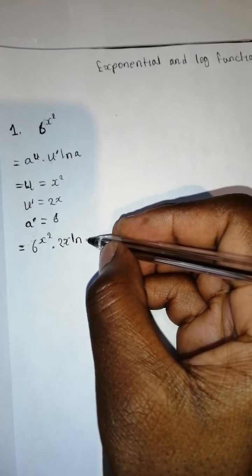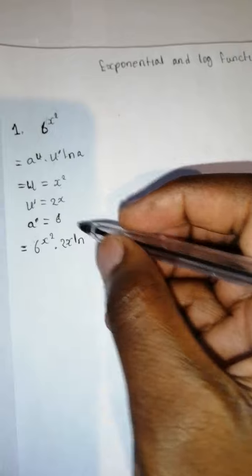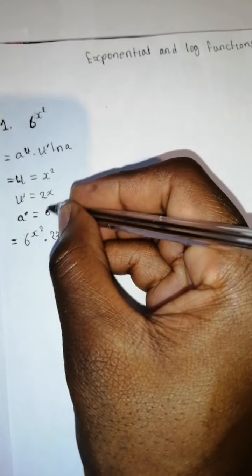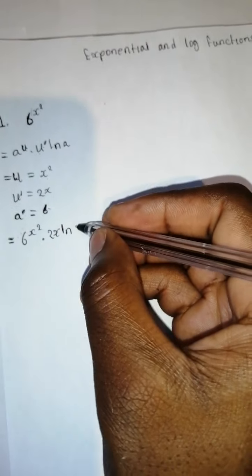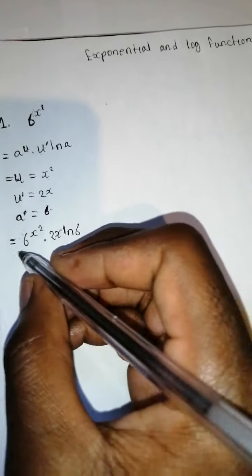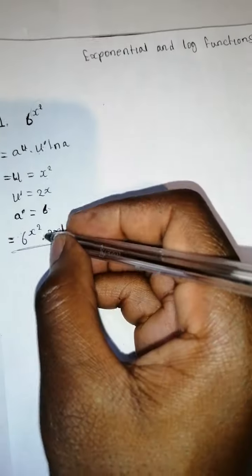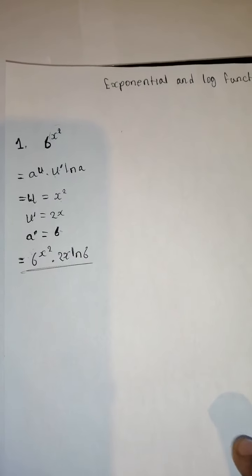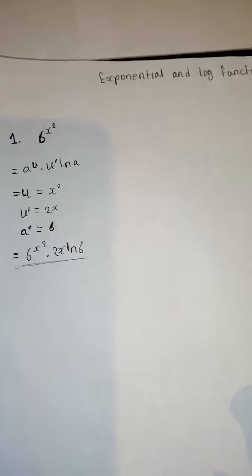Instead of writing a, we write 6, so ln 6. So this is the answer. That's how you can find the derivative of this exponential function.